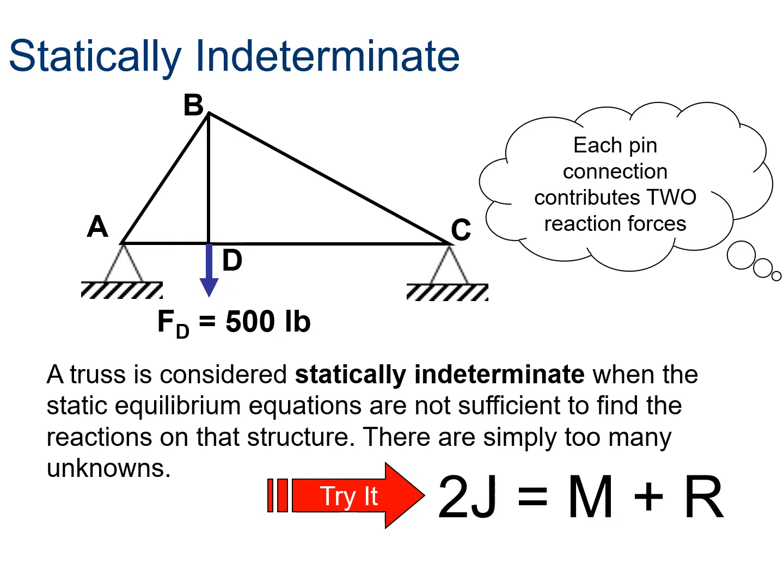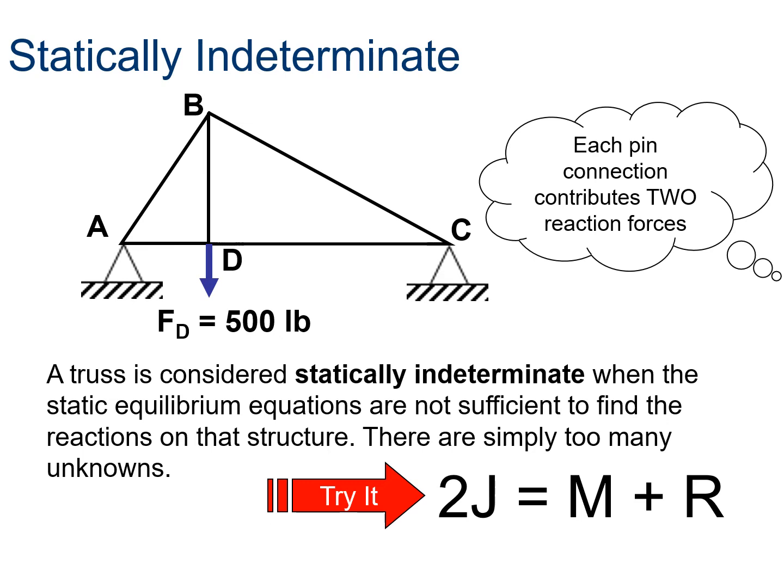So we're going to apply that formula to this first truss, which looks fine, right? It looks like it can support a load. You can drive over it. And in this case, we're saying let's apply a 500-pound force to it at joint D. And so we're looking at this, and we want to decide whether or not we can determine what the forces are.